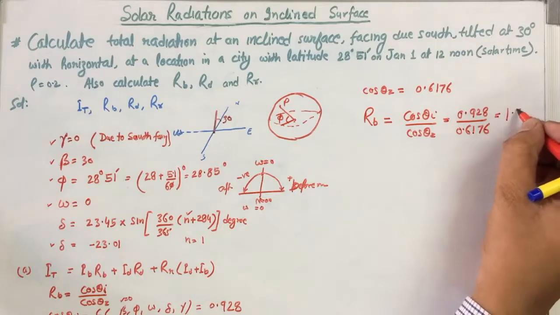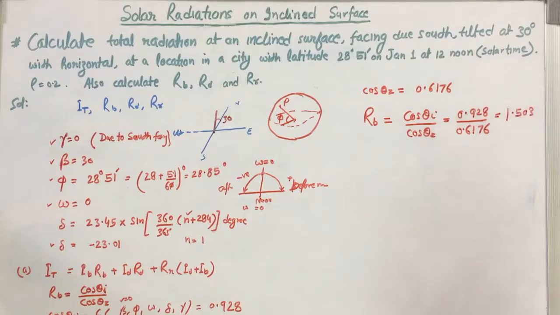It will be 1.503. Okay, RB is known to us now.